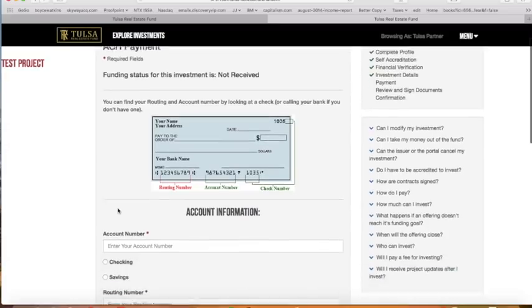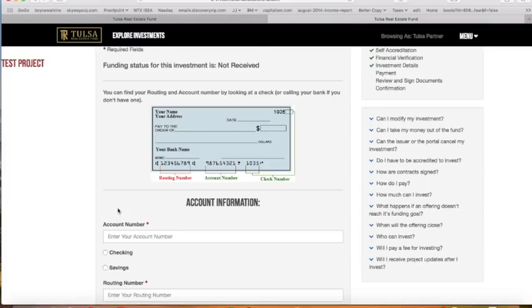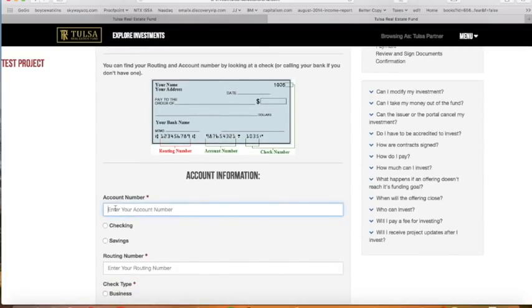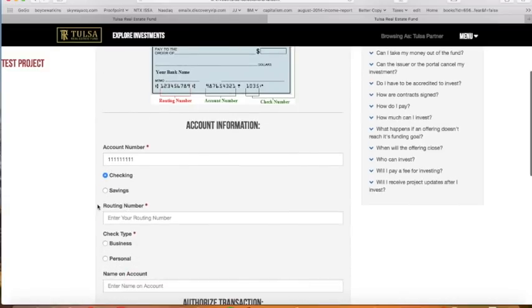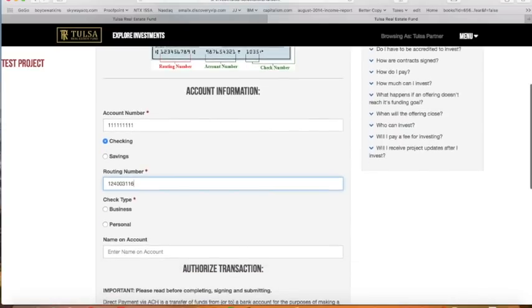I'm going to just go ahead and put in arbitrary bank account information. Here you can denote if it's checking or savings. Then you put in your routing information, again just some arbitrary information. And you put business or personal.